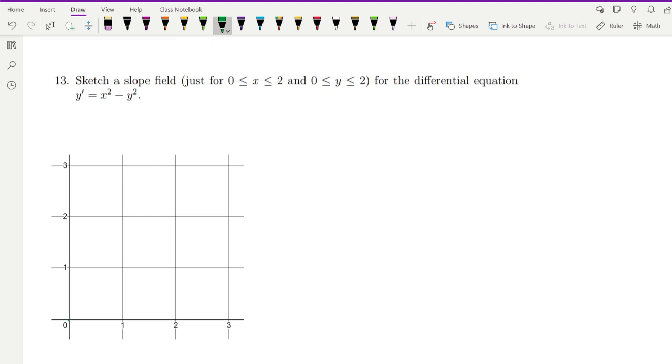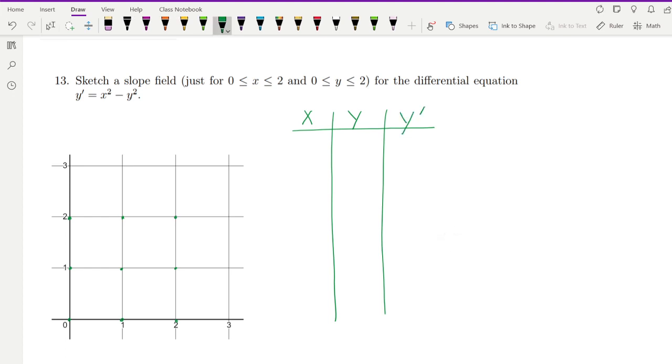So the points (0, 0), (1, 0), (2, 0), all of these 9 points, we want to figure out what, if there was a solution curve that went through those points, the slope of the solution curve would be. And the way we can do this is basically by making a table. So we're going to take different x and y values and see what that would give us for y prime. And once we know what that gives us for y prime, that will allow us to sketch a little representative of that slope.